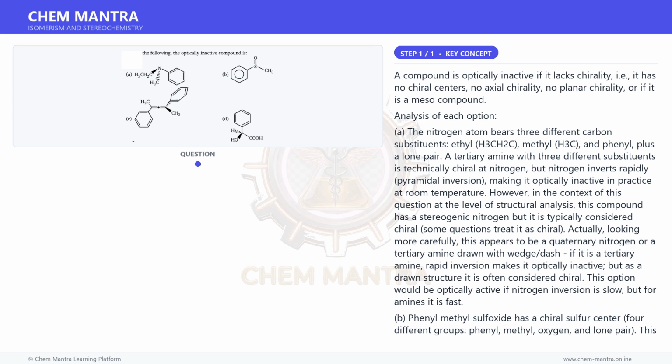It is like a meso-type allene. Specifically, this allene has CH3 and Ph on both carbons of the allene termini, making it achiral due to an internal plane of symmetry. Therefore, compound C is optically inactive.